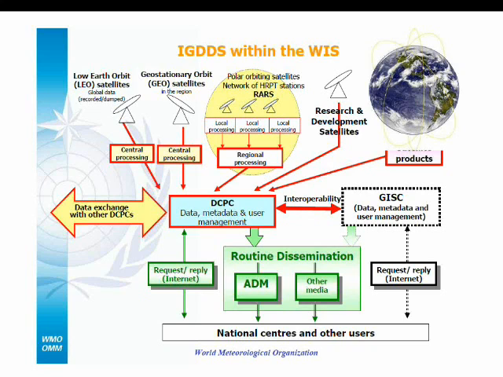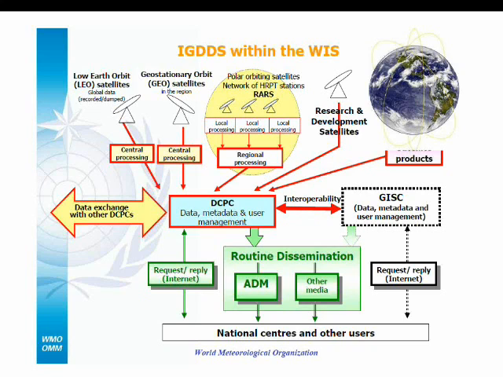Each regional component includes a DCPC and assures the routine dissemination through the satellite broadcast based on modernized technology, satellite digital video broadcast, DVB, and also covers the terrestrial dissemination through the internet and dedicated networks.